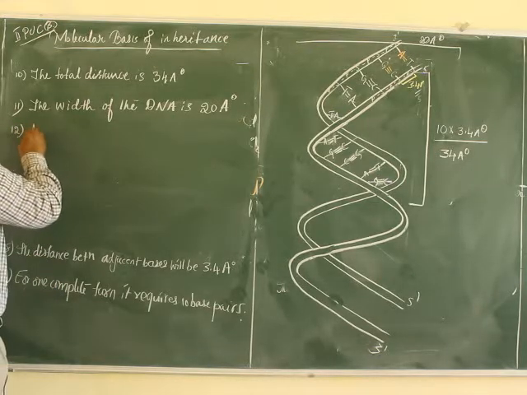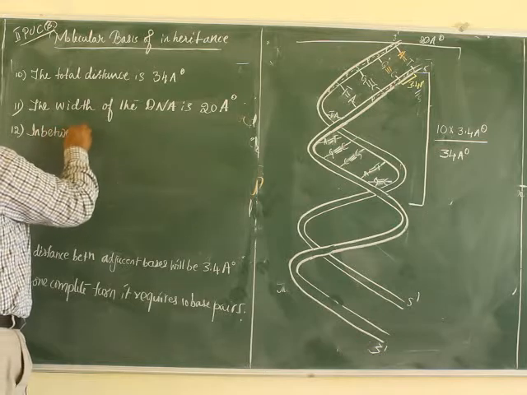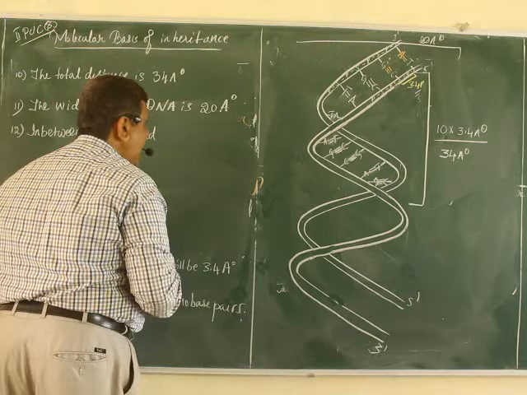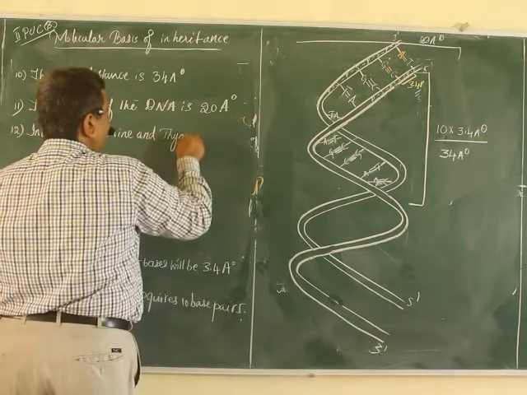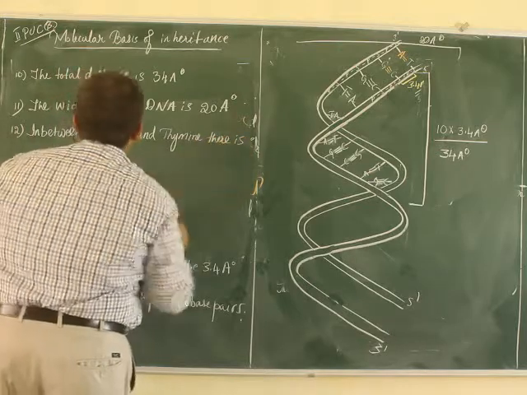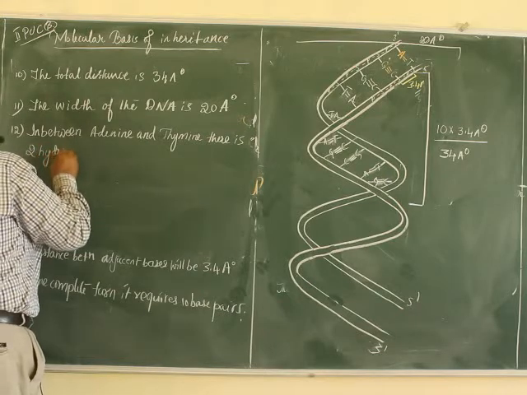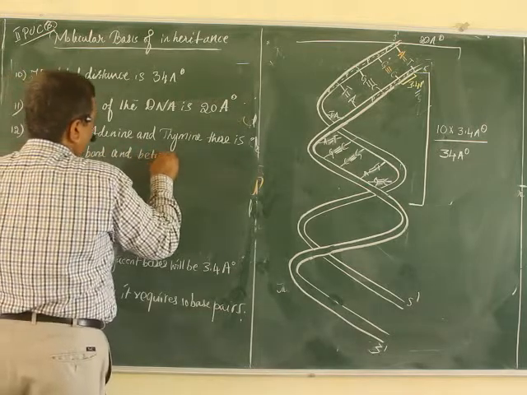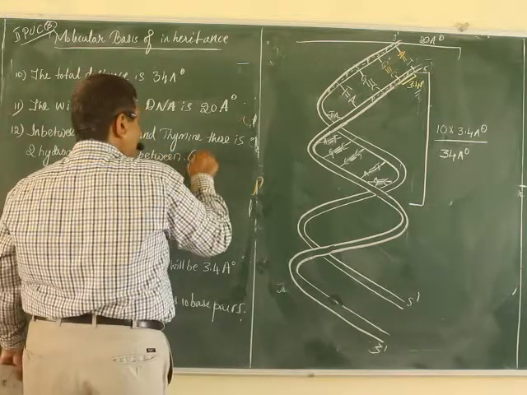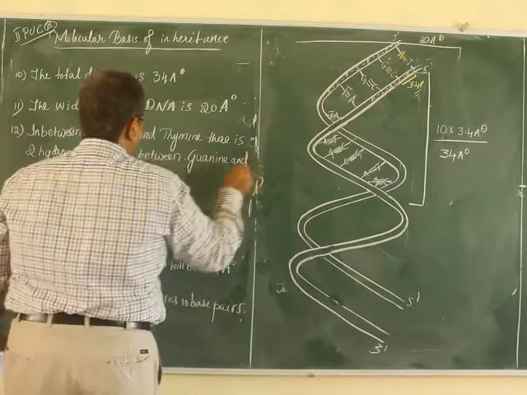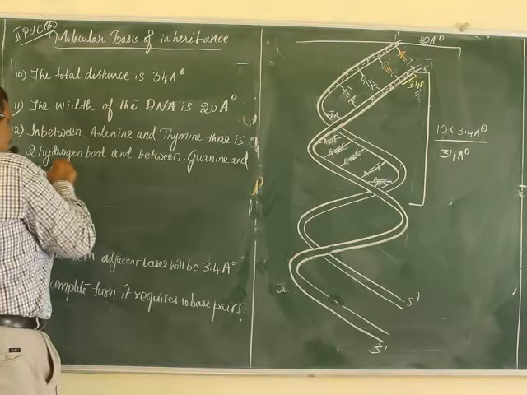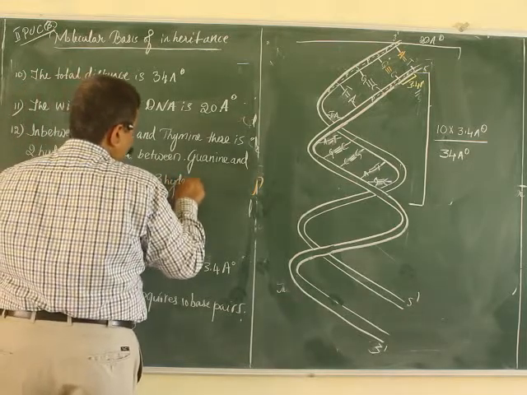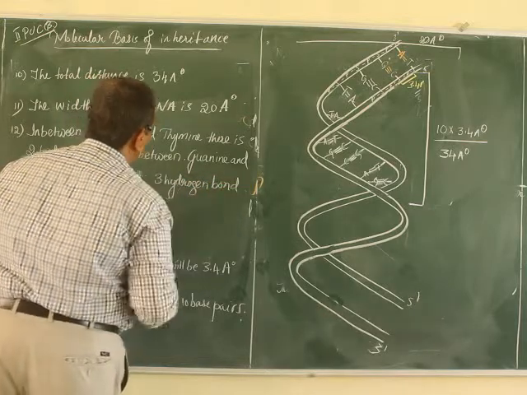Next, 12th point. In between adenine and thymine, there are 2 hydrogen bonds, and between guanine and cytosine, there exist 3 hydrogen bonds.